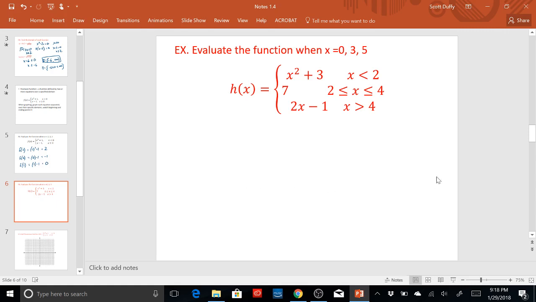Okay, so we need to find h of 0, h of 3, and h of 5. 0 is less than 2, so I'm going to plug in 0 for this equation.